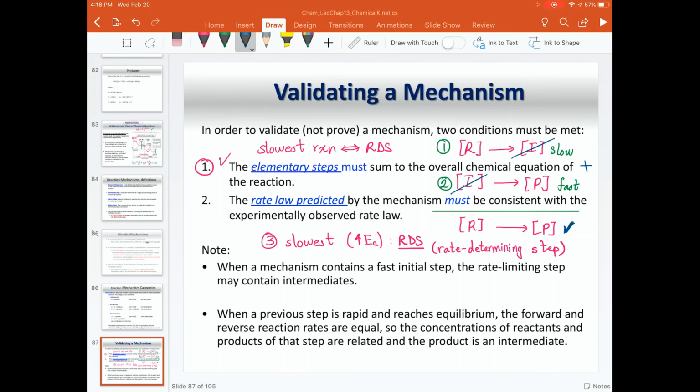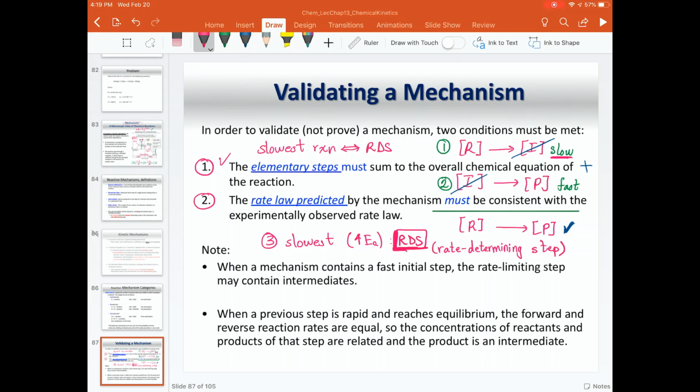Now, the second criterion is that the rate law that you predict with this mechanism should be compatible with the rate law that you observe experimentally. For that, we have to take into account that if one of the elementary steps is the slow step, the one that has the highest activation energy, then it is the one we characterize as the rate determining step, or the rate limiting step as well.